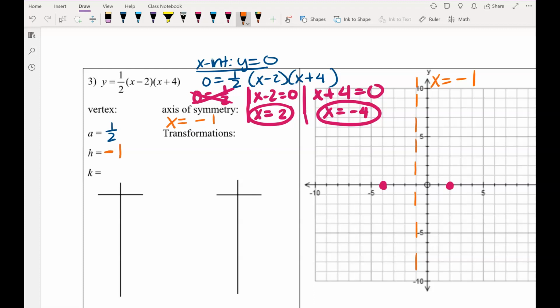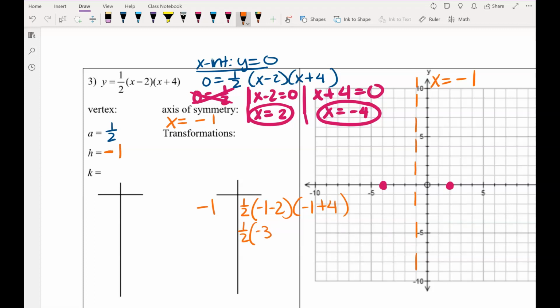So now that we know H, Holden, how do we get the K value for the vertex? Plug in -1 for every X value. Yes, let's do it, y'all. -1. Let's plug it in. 1/2 is in the front. -1 minus 2 times -1 plus 4. 1/2 in the front, drop down.